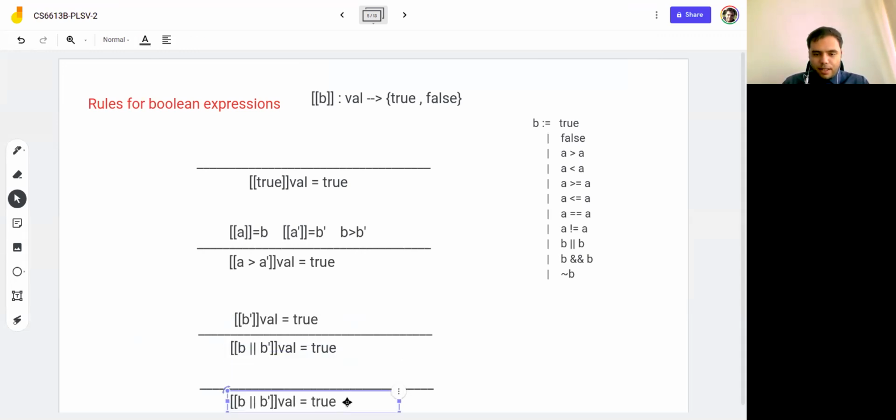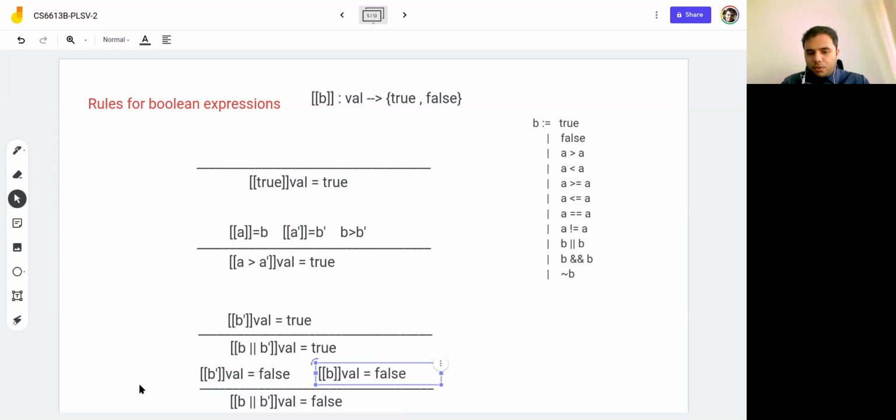So if they both evaluate to false, so B prime is false, and B is also false, then B or B prime would be false. And then we can do the same thing for and for not.